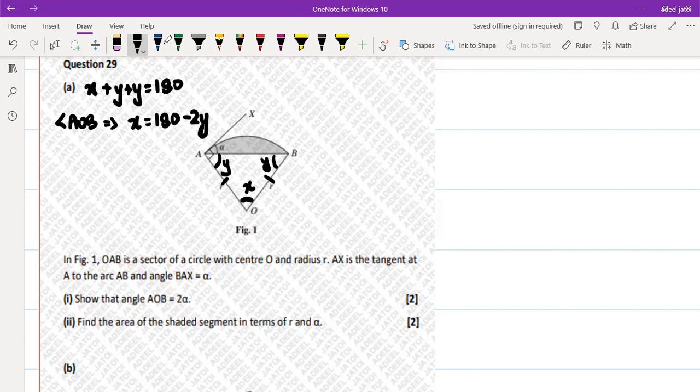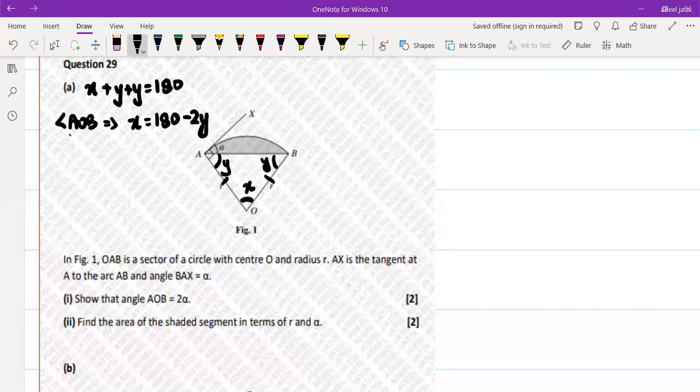For Y, if you look at this, is this 90 degrees? Because a tangent is drawn, it is always 1 upon 2 pi, or 90 degrees, minus alpha.